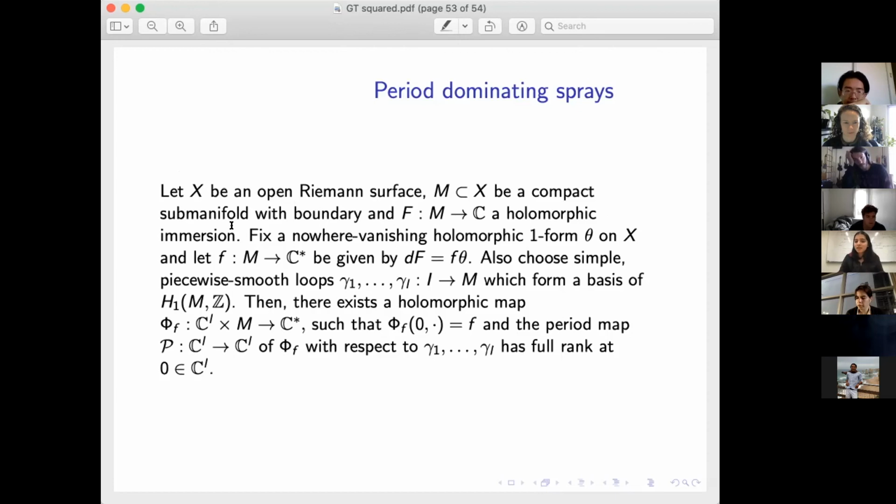So let X be an open Riemann surface and let M be a compact submanifold in it with boundary. We take a nowhere vanishing holomorphic one-form theta on X. Then on M, suppose we have a nowhere vanishing function f from M into C star, given by df equals little f theta.